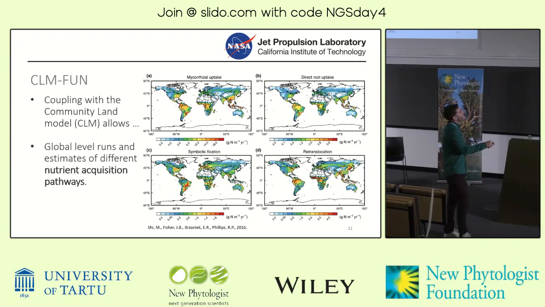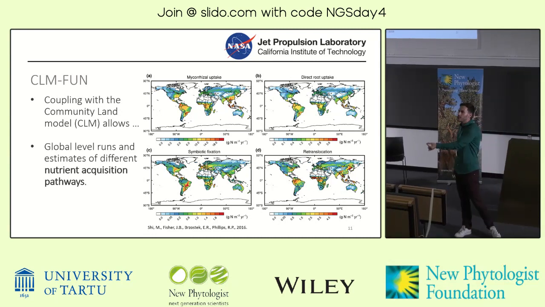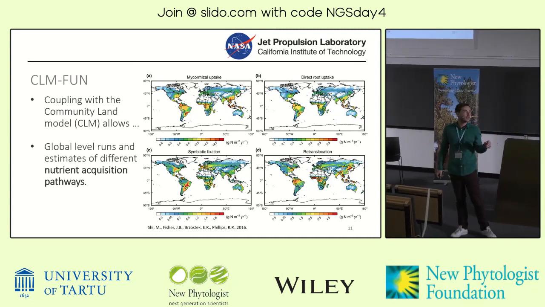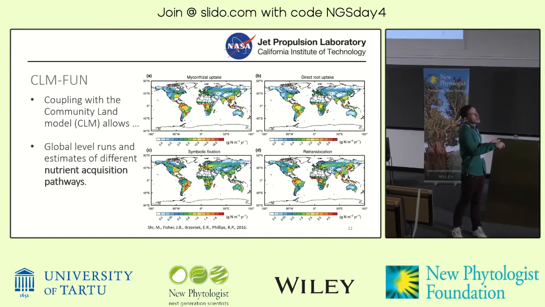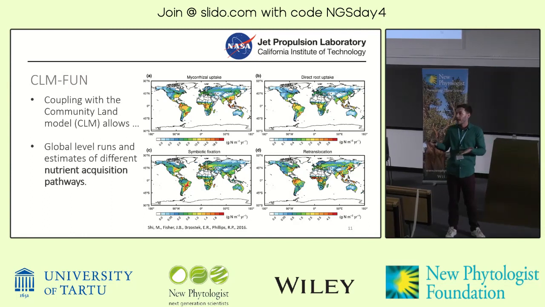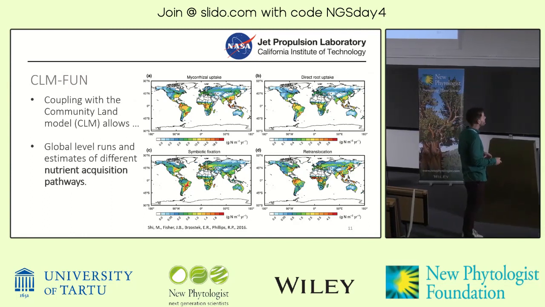And it's quite remarkable that a model that was developed with in situ data for a few sites on Earth can actually accurately describe the spatial patterns in symbiotic fixation of nitrogen, for example, showing how the savannas in South America and Africa actually pop when we're talking about nitrogen fixation.